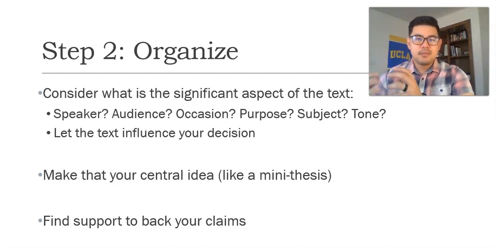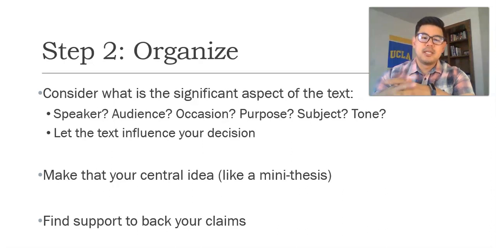So take some time to review your analysis, the details, and the support you found, and think about the central idea. You'll make a central idea, and it's kind of like a mini thesis. You should be well aware of how to compose a thesis statement, and this is no different. You're going to take the main idea, the most significant aspect of the text, and compose a one sentence, almost summary of what the main idea is, the central idea.